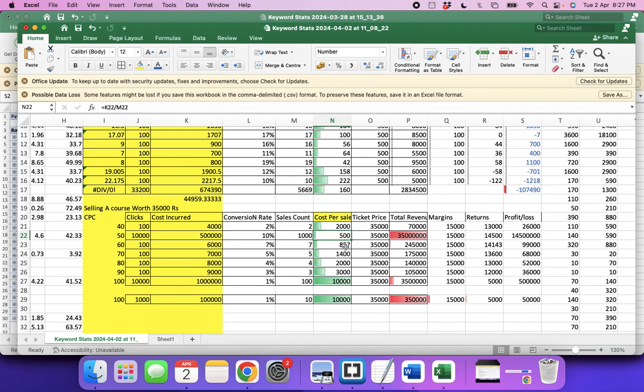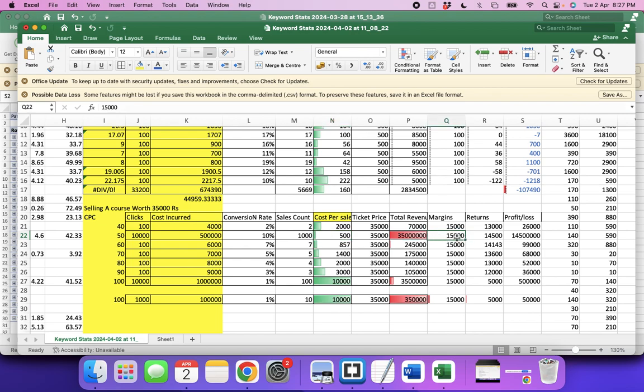So 500 rupees is the cost per sale, 500 into 1,000. 500 into 10 is 5,000 rupees, 100 is 50,000 rupees, 1,000 is 5 lakh rupees. The marketing cost incurred in getting this 1,000 sales is just 5 lakhs. And total revenue made is this much.